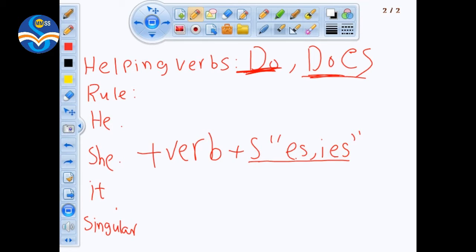So let's take a sentence. Let's say he travels to Alex, for example. Now, if I would like to put this sentence in the negative form, I will say he doesn't.